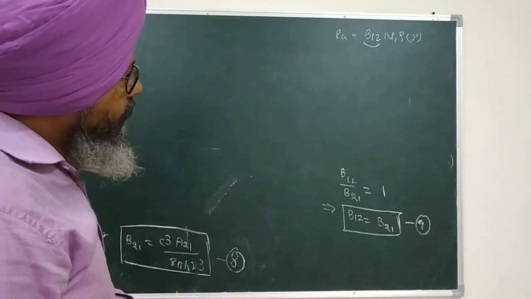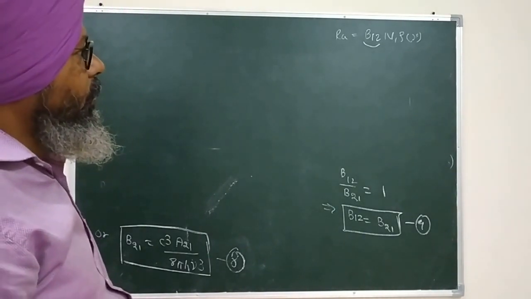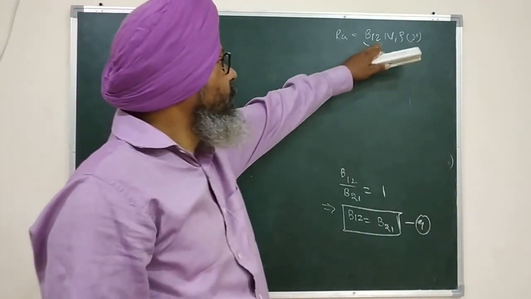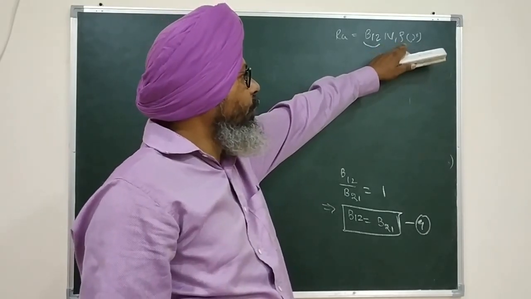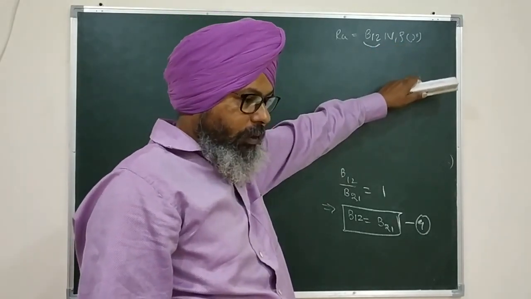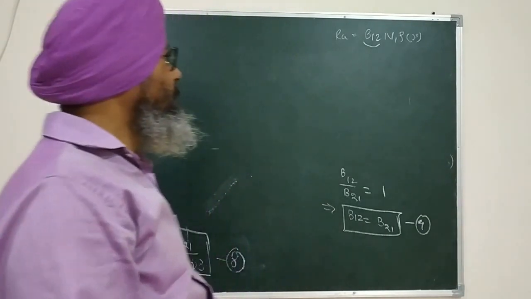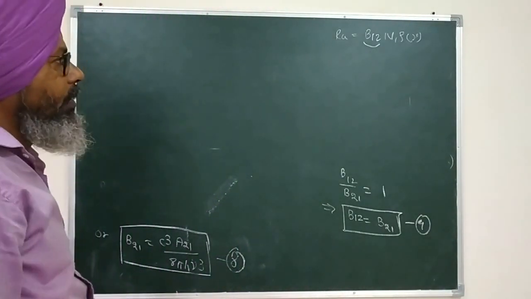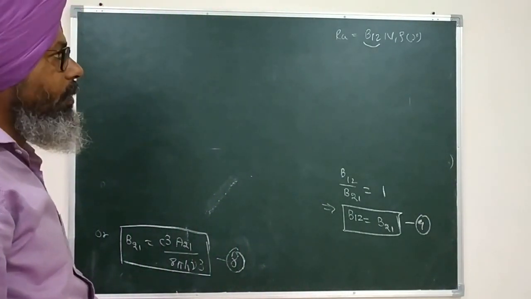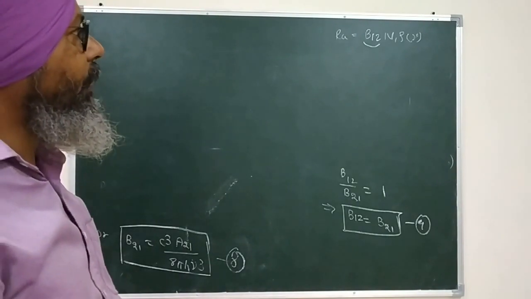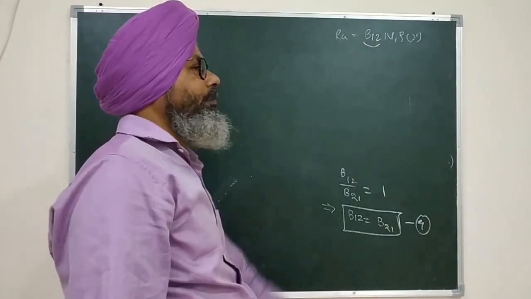Suppose I have a material for which N1 and rho nu is same as compared to another material for which N1 and rho nu are same, but however both materials have different value of B12.